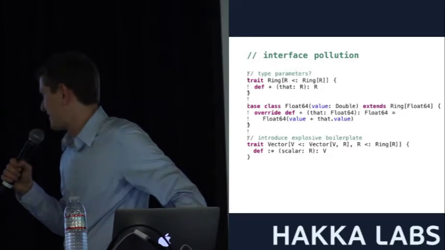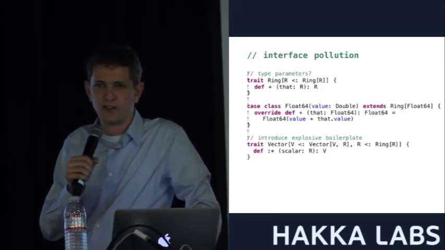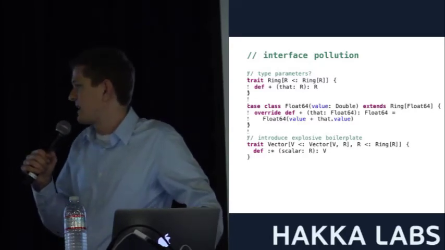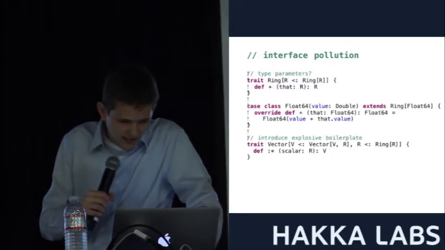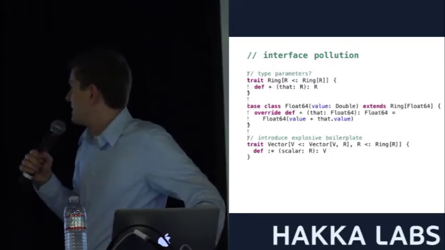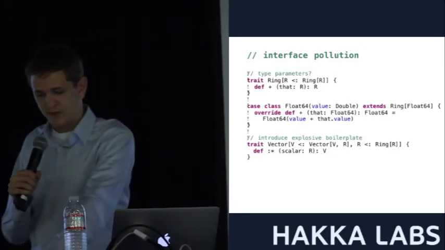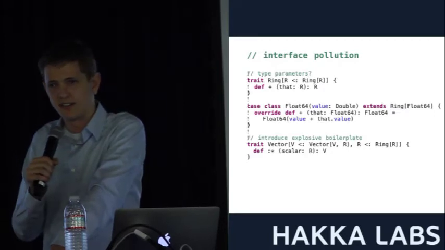But it tends to lead to explosive boilerplate and is generally awful to work with, and so bad that people don't work with it. And you can see that, a really important part of abstractions, you have to be able to compose them, otherwise you're not getting anything, right?